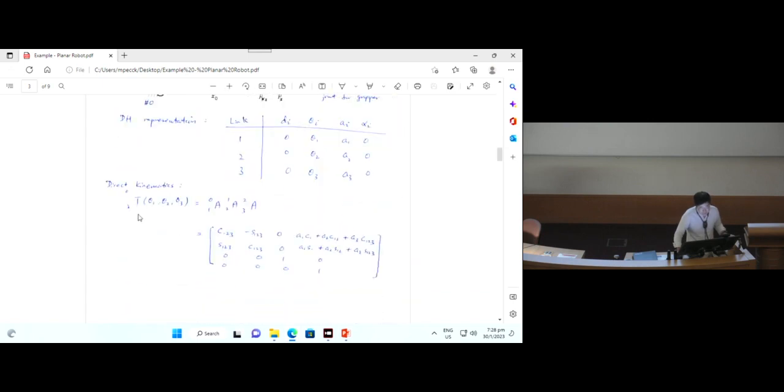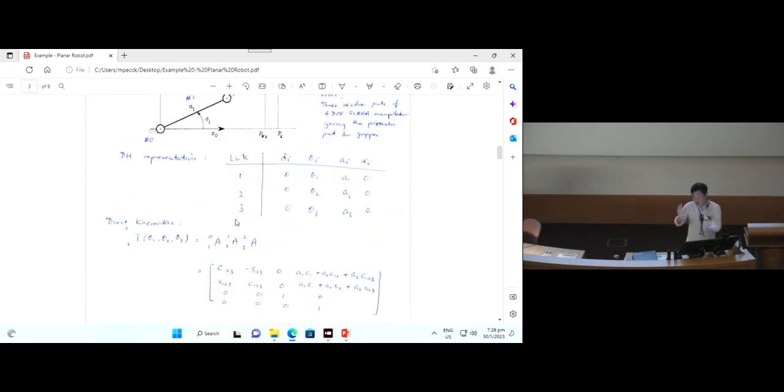So 0T3, with three joints, theta 1, theta 2, theta 3, is equal to 0A1, 1A2, 2A3. You multiply them together and you have 0A3. Then when you multiply and do the simplification, this is what you have. In this case, the multiplication is important. Make sure you do the multiplication in the order that has been specified.